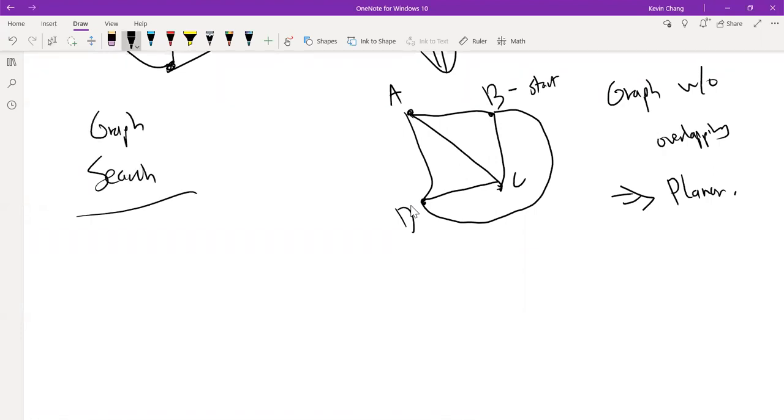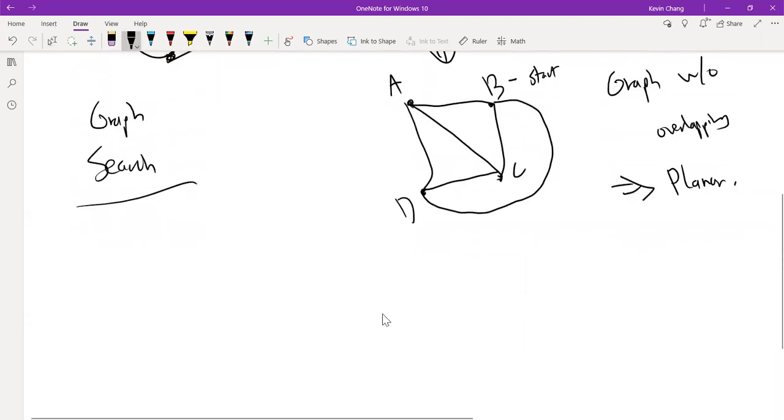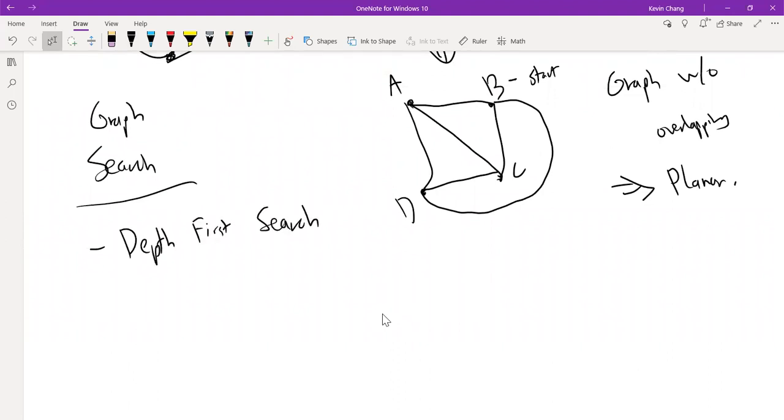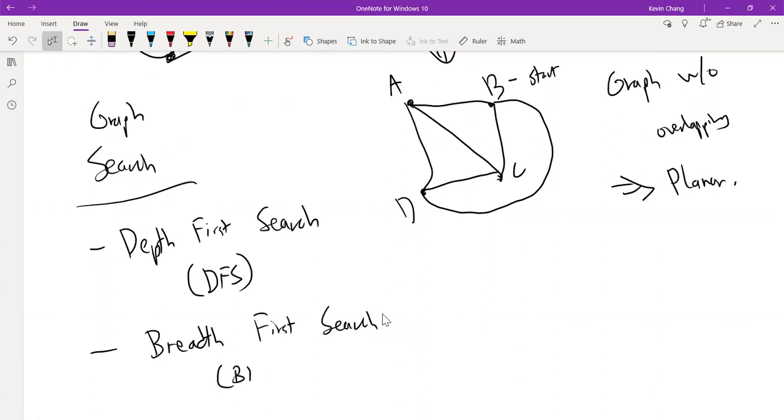There are 2 main algorithms we use for this: depth first search, commonly abbreviated as DFS, versus breadth first search, BFS.